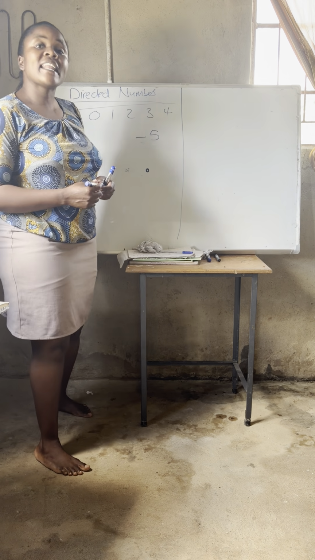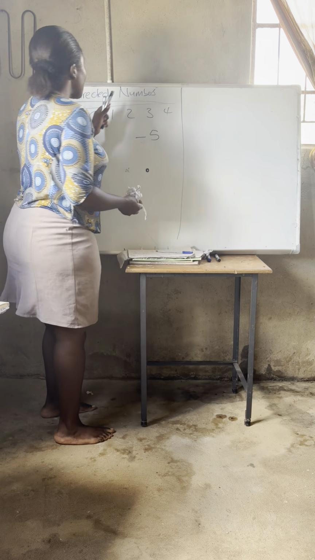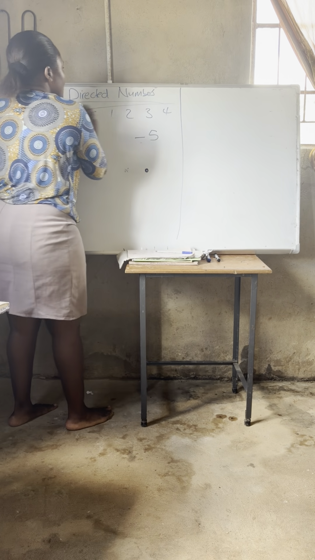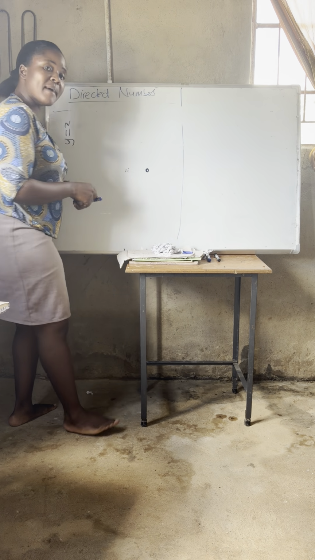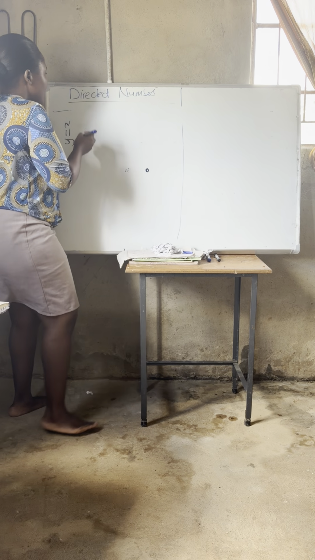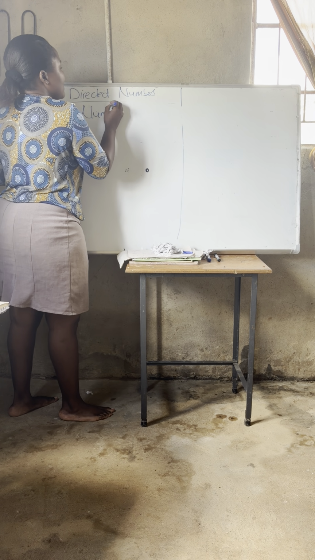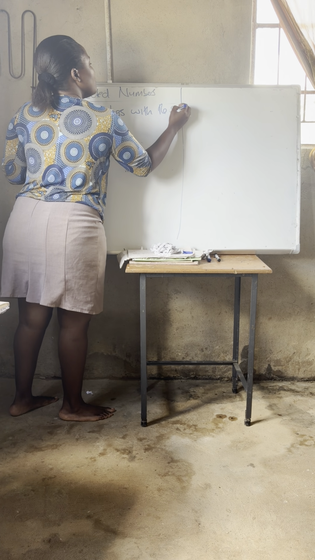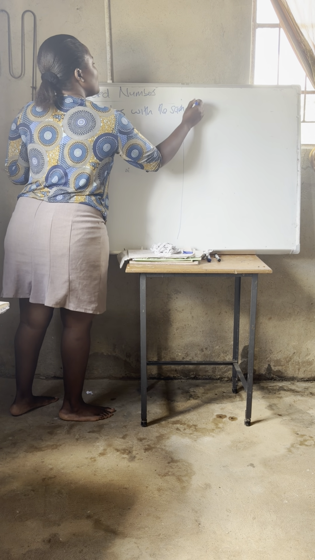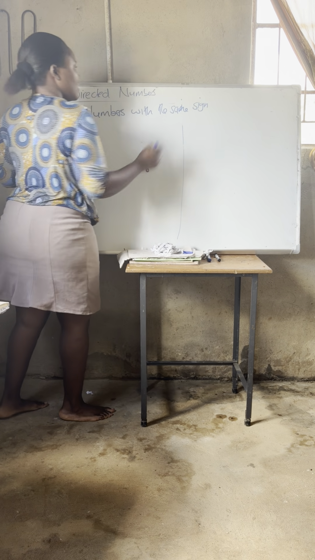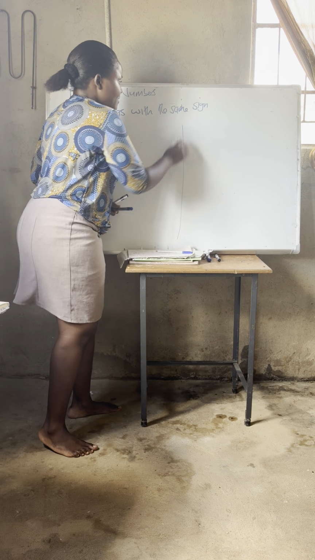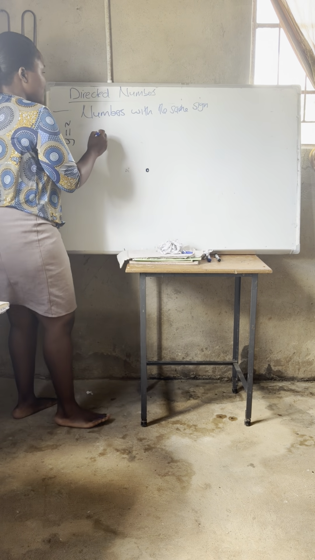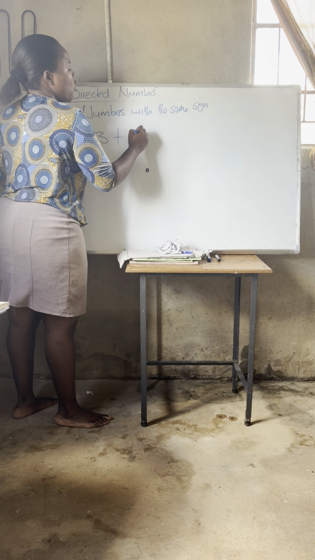Now we are going to simplify directed numbers. I want you to write this. Let's start with numbers with the same sign. When simplifying numbers with the same sign, for example, let's say we have 3 plus 4.